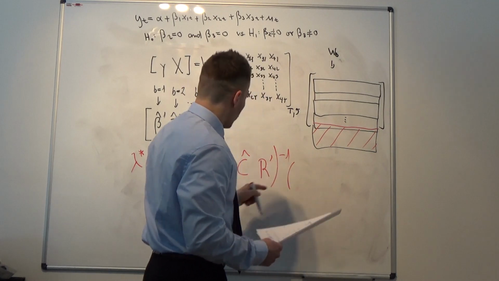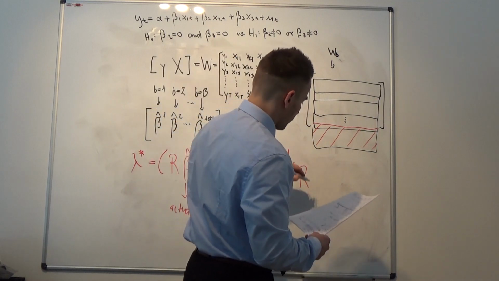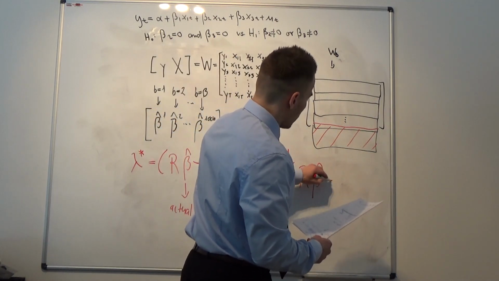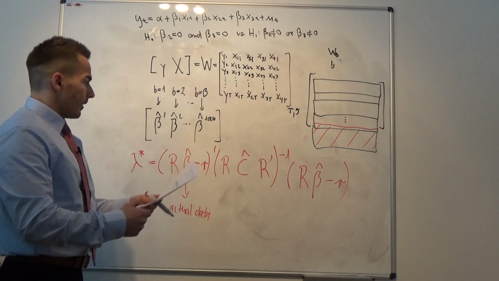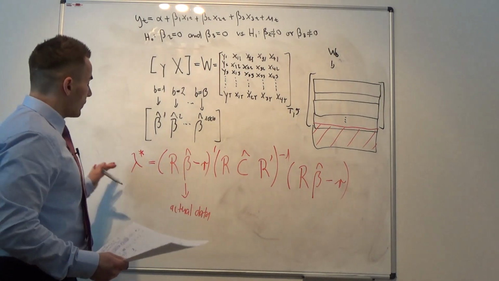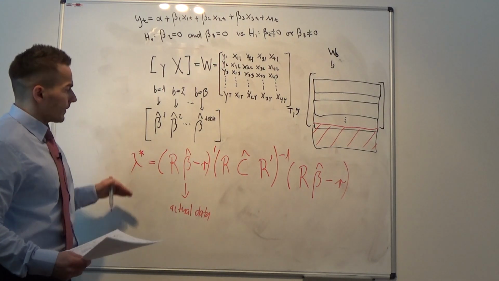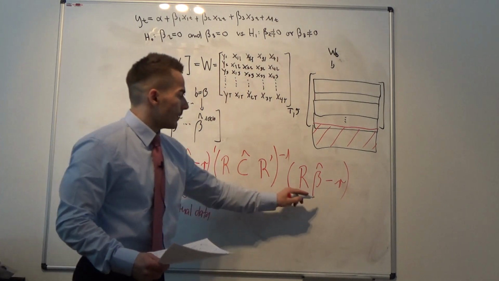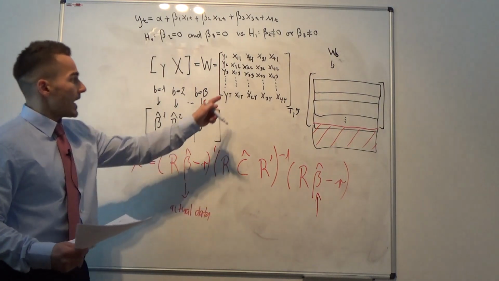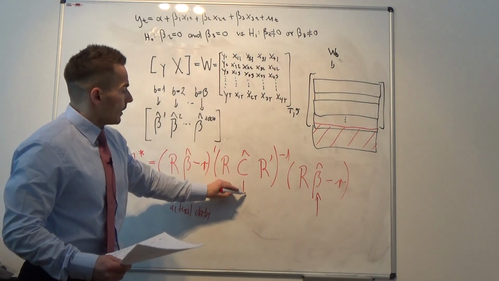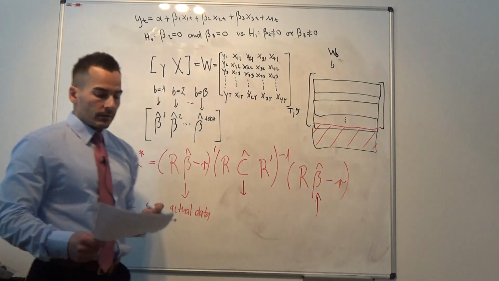We always remember that this expression is inverted, times capital R times beta hat minus small r. That's how we would implement our bootstrapped test statistic. It is important to remember that beta hat is the estimate based upon the actual data, whereas our covariance matrix C hat is based upon the simulated data.